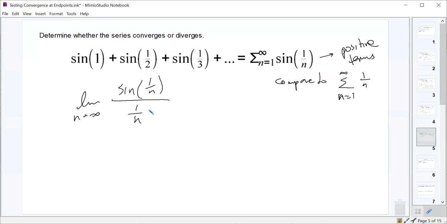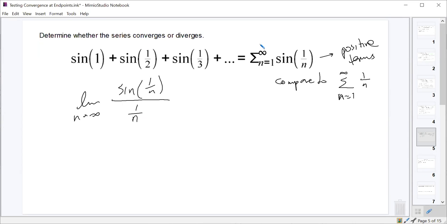And how do we figure out this limit? Well, if we plug in infinity, this is 0 over 0 now, right? So what are our options for figuring out that limit? Yeah, one option is we can do a u substitution, or another option is we can just use L'Hopital's rule on it.